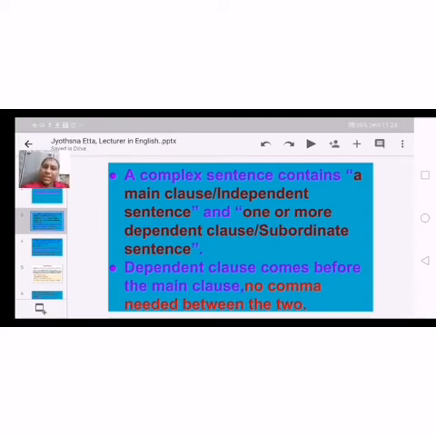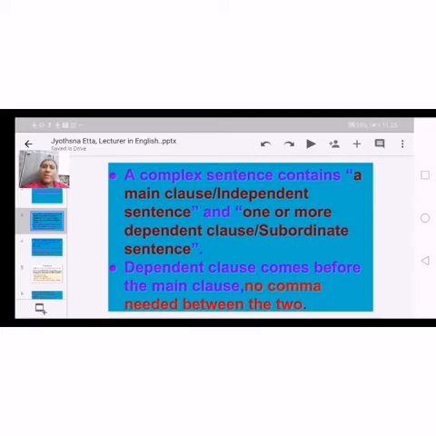Whenever we have the subordinate clause, we use connectors or conjunctions before it. Mind that. And the dependent clause can come before the main clause.